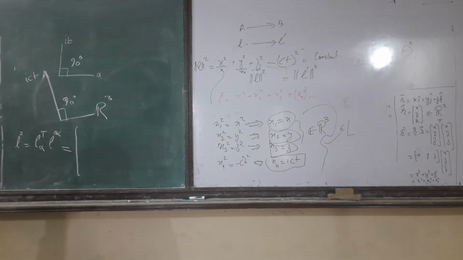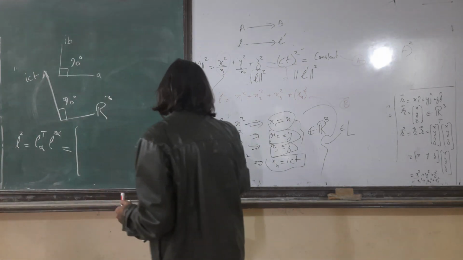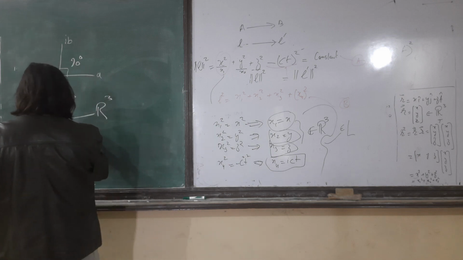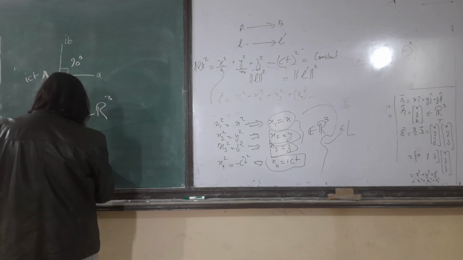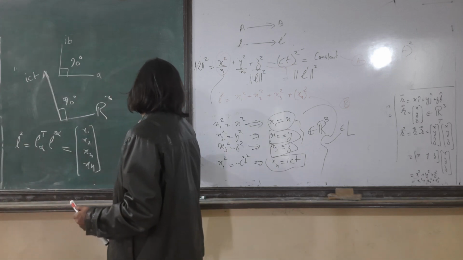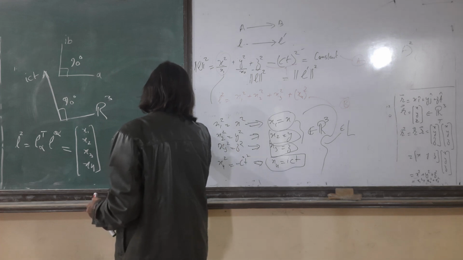But if you write in contravariant and covariant form, you don't need to write it, it is understood that these are imaginary. So x1, x2, x3, x4, where alpha is 1, 2, 3 and 4.